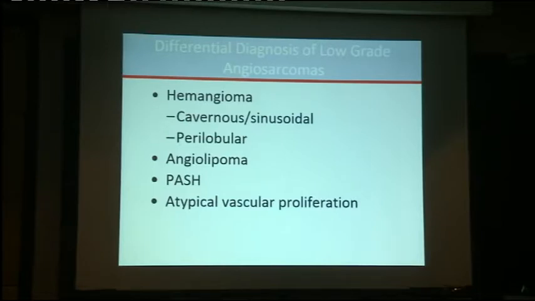In terms of differential diagnosis of low-grade lesions, we have a number of benign vascular lesions that could be separated from angiosarcoma. Among these lesions, probably the most important one is the atypical vascular proliferation.